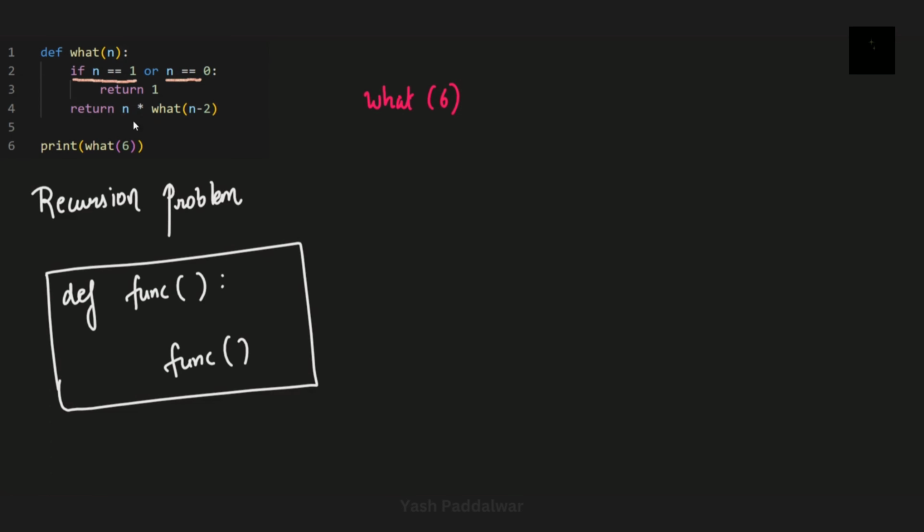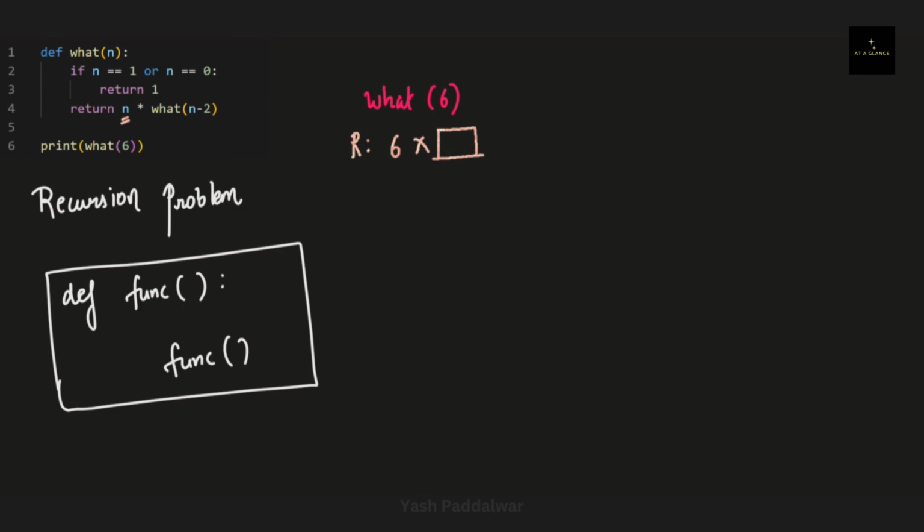Now you can see that in the if condition, if n equals 1 or 0, then only the code will execute inside it. But the if condition doesn't satisfy, hence the return statement which is written on line number 4 will execute, and it says that it will return a value which is n into again what function is called with the parameter n minus 2.